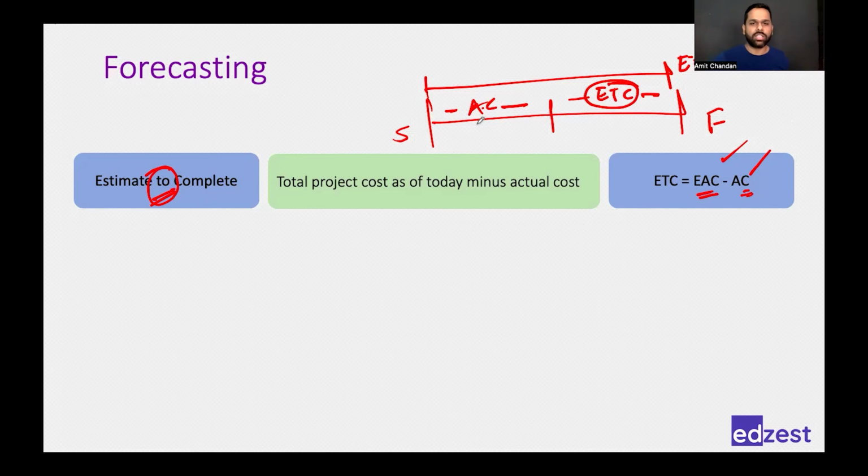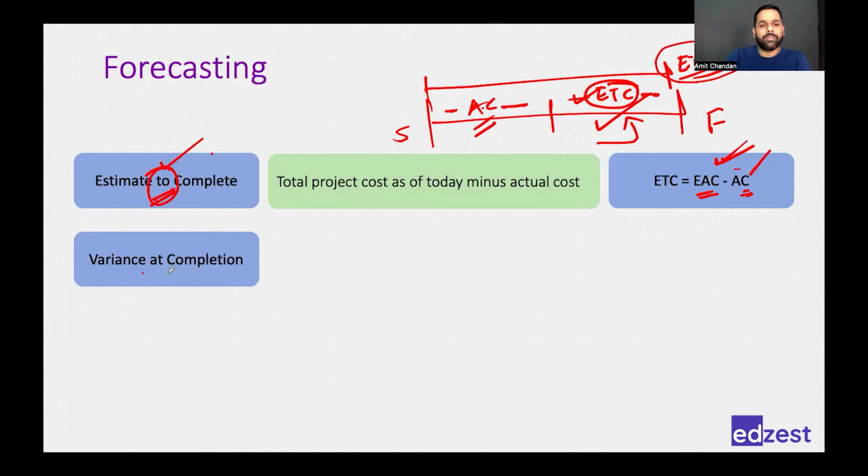So I'll subtract actual cost from estimate at completion, and I'll come to know my ETC. Okay, that is my estimate to complete. Or you can do a revised estimation and you'll come to know. Right? So that's how also you can calculate it. Or if you know EAC, then you subtract and you calculate, if at all you have to calculate this.